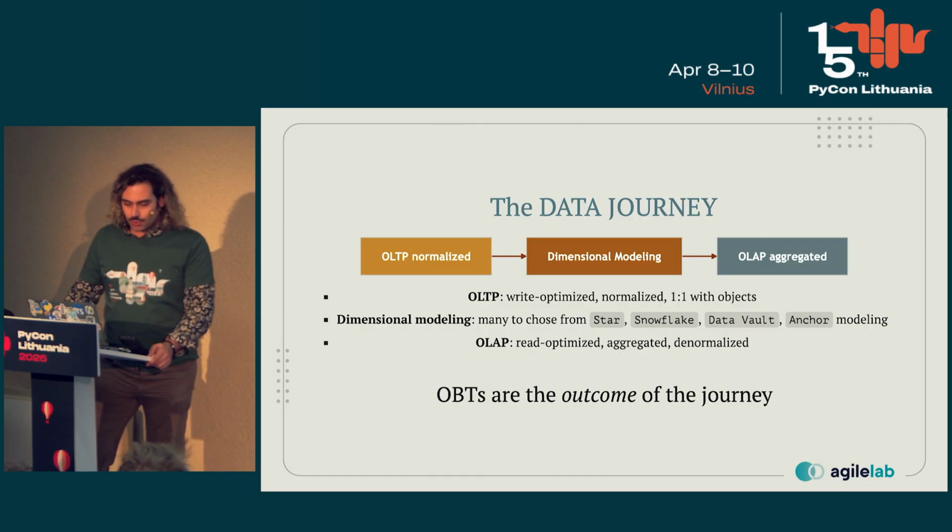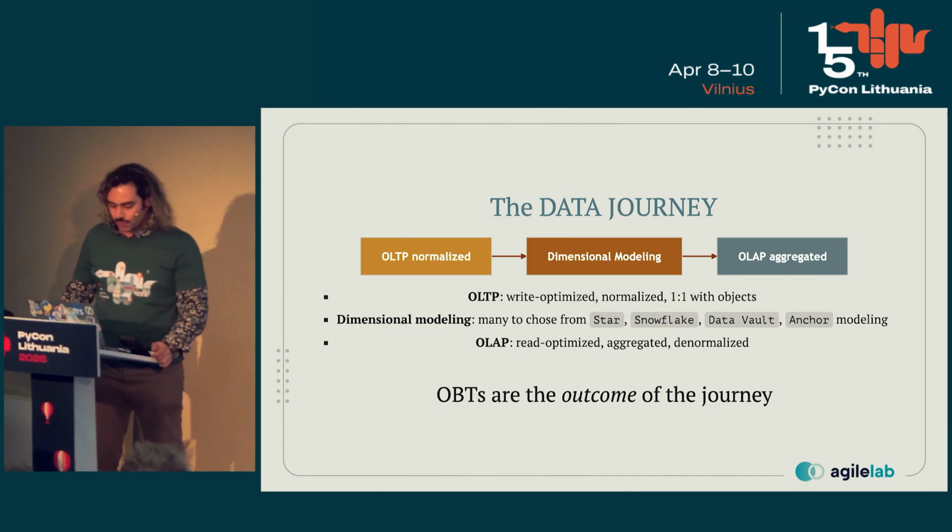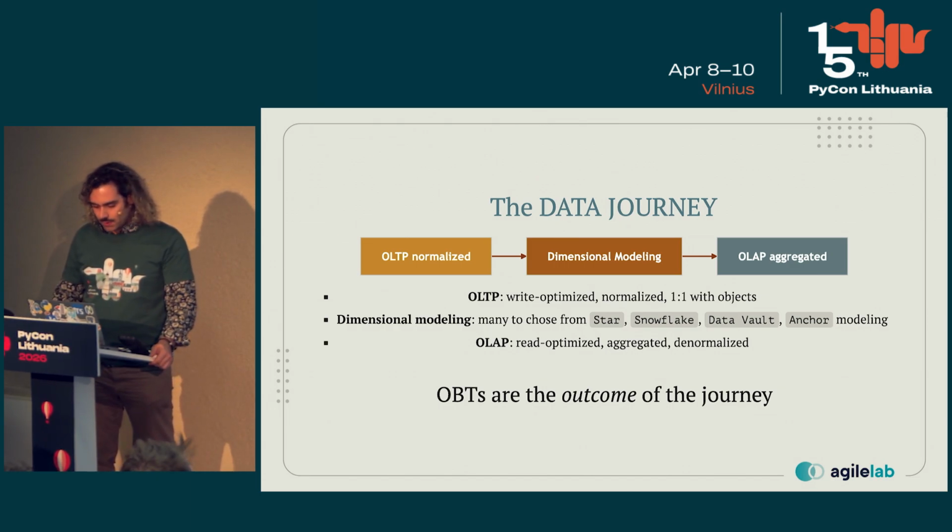So you start with an online transactional process, one where tables are optimized to be written, to store records, where everything is nice and normalized and possibly one-to-one with the objects. Then you go through the dimensional modeling.